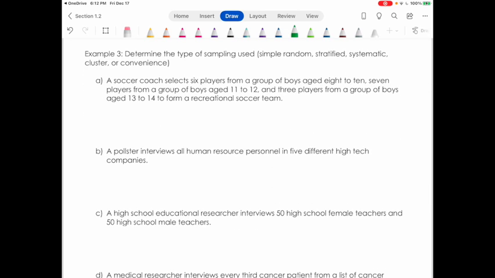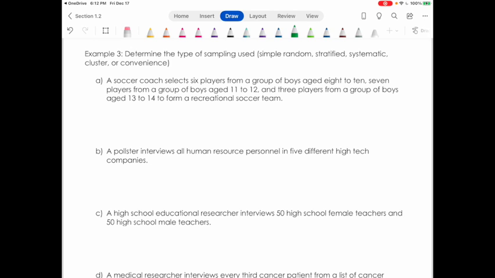Okay, example 3, same thing. We're going to go through a few parts and determine the type of sampling method used. Okay, a soccer coach selects 6 players from a group of boys aged 8 to 10, 7 players from a group of boys 11 to 12, and 3 players from a group of boys aged 13 to 14 from a recreational soccer team.